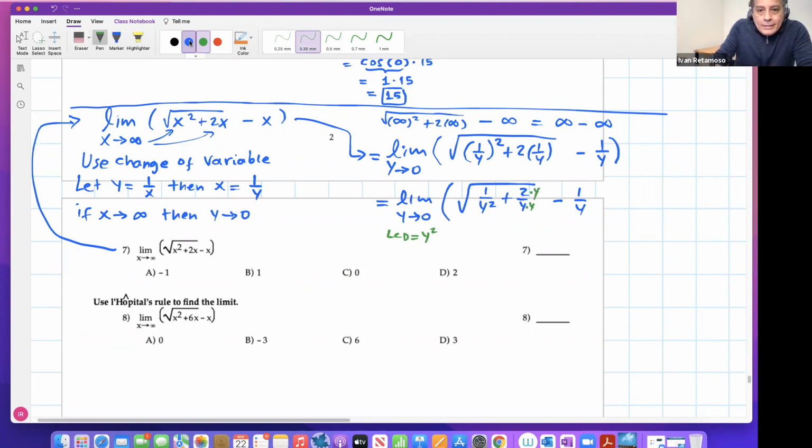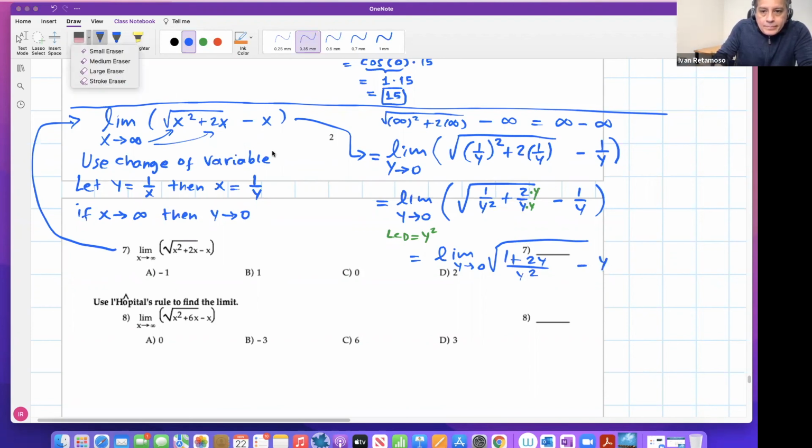Simplifying, I get the limit as y approaches 0 of the square root of (1 plus 2y) over y squared, common denominator, minus 1 over y.